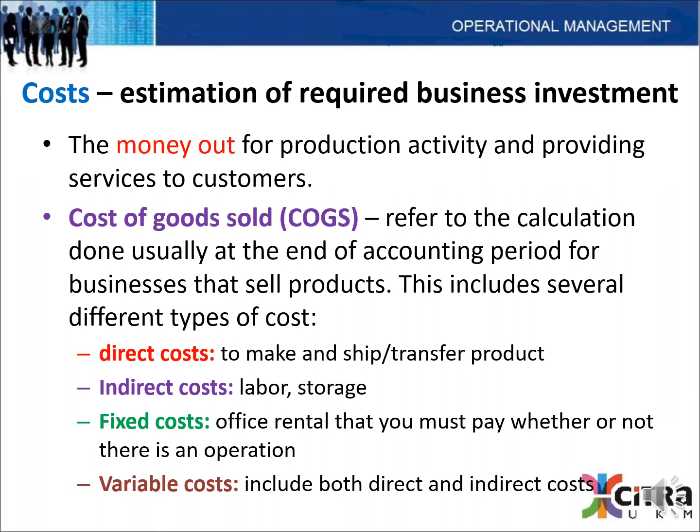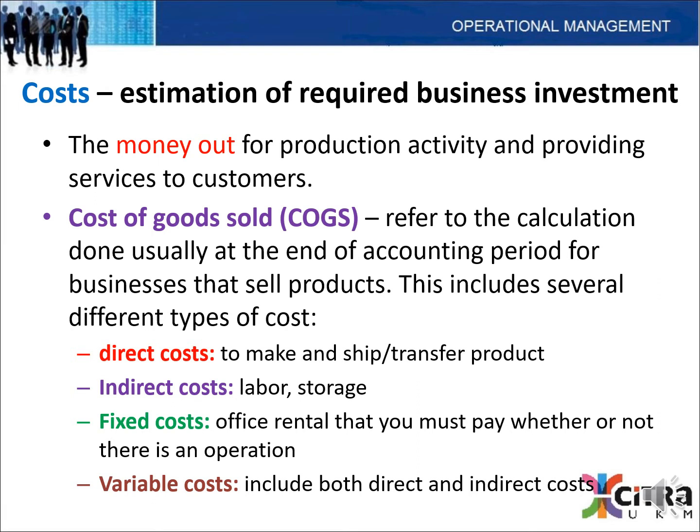Now, an indirect cost is something that you can't see, maybe something intangible. Examples of indirect cost are labor, storage, the use of electricity, and so on.